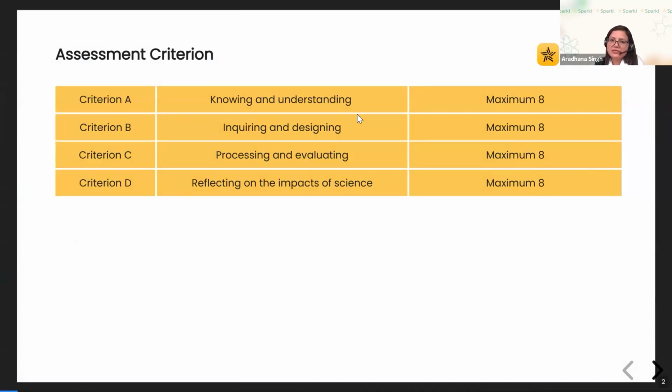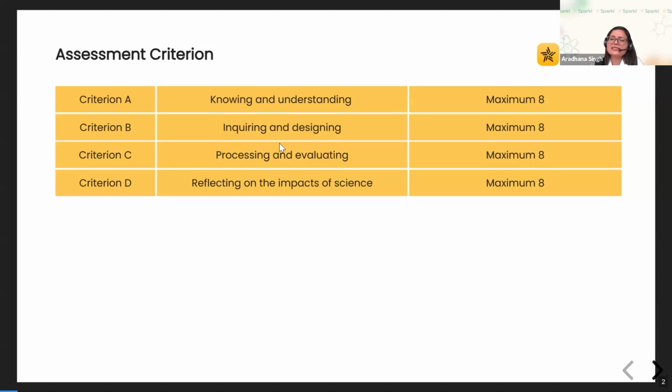So the scientific concepts which we learn, how much we have understood them, questions related to that will be asked in the actual exam. In criteria B, the questions will be more towards inquiry and designing.